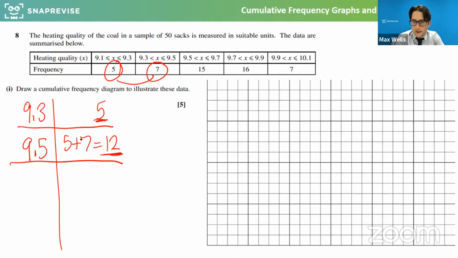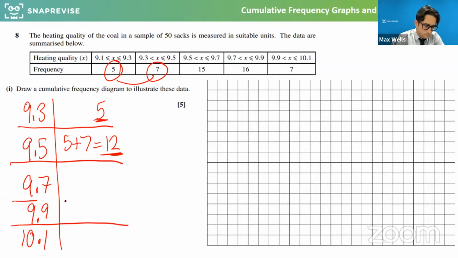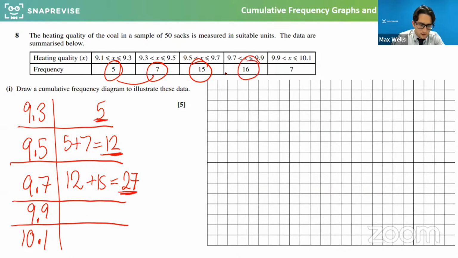Excellent. And then we'll do it for 9.7, 9.9, and 10.1. So for 9.7, I'm going to do the 12 plus the 15. And then we're going to take that value and add the 16.